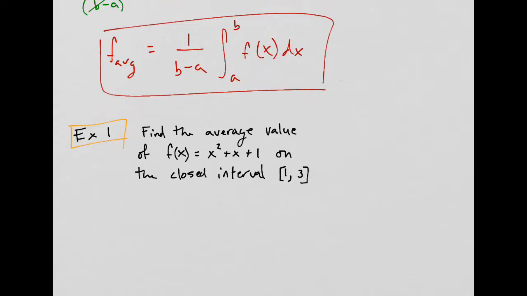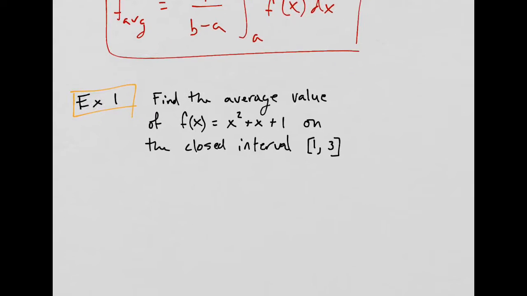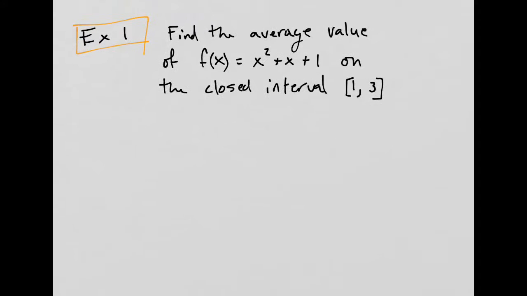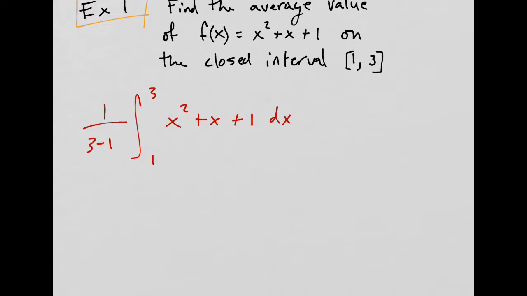So for the average value, we're just using that formula. That's the integral from 1 to 3, and then 1 over 3 minus 1, because this is b, this is a, of f of x, x squared plus x plus 1 dx. And then we just do this integral.